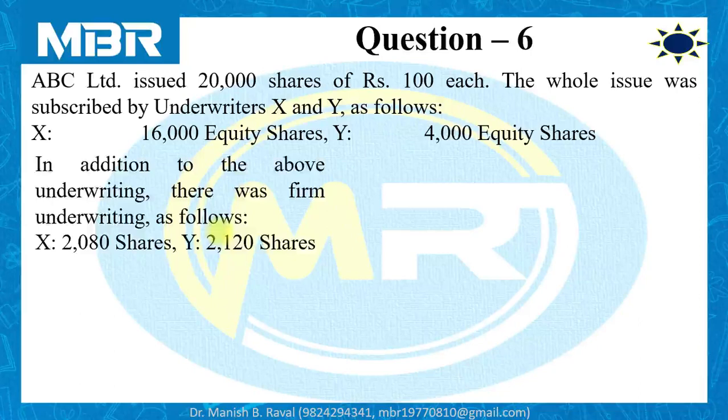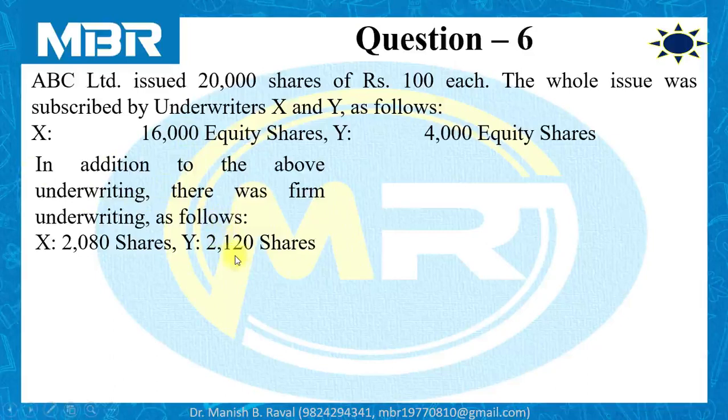In addition to the above underwriting, you can read the words very properly. In addition to the above underwriting, there was firm underwriting as follows. X 2080 shares and Y 2120 equity shares.